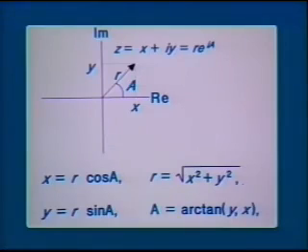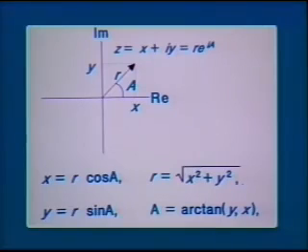The original one's called rectangular form, rectangular representation, real and imaginary part, or polar representation, magnitude and angle. And if you know the real and imaginary part, you can figure out the magnitude and angle. If you know x and y, you can get r by this formula, square root of the sum of the squares, and you can get the angle as an arctangent. Or conversely, if you knew r and a, you could figure out x and y. x is r times the cosine of a, and y is r times the sine of a.